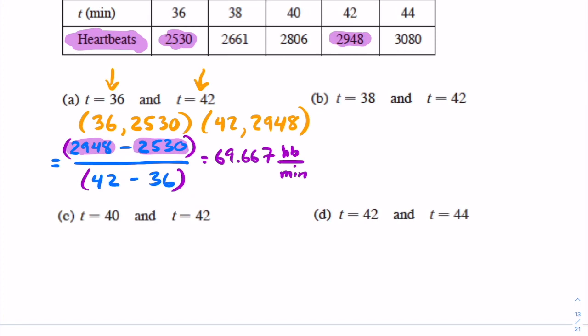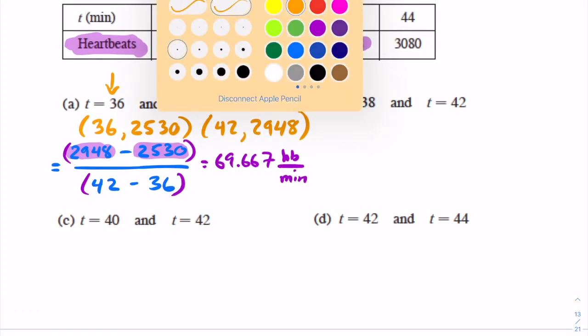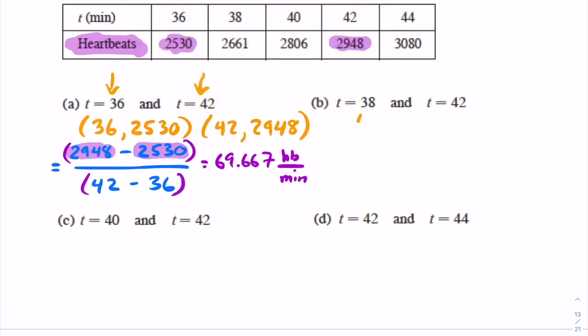We're going to do the same thing. Let's do it one more time. Part B, we're focusing on the 38th minute and the 42nd minute. At the 38th minute we have 2,661 heartbeats, and at the 42nd minute we still have 2,948. Go ahead and pause and then play when you're ready.